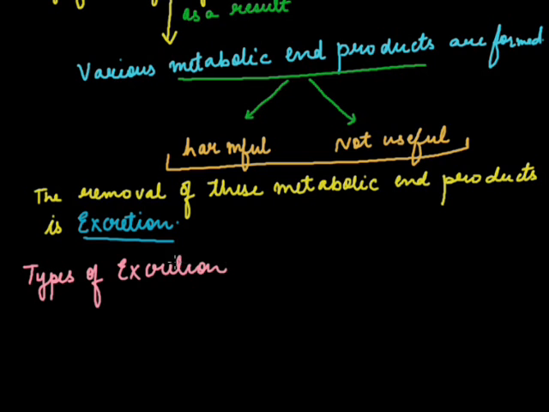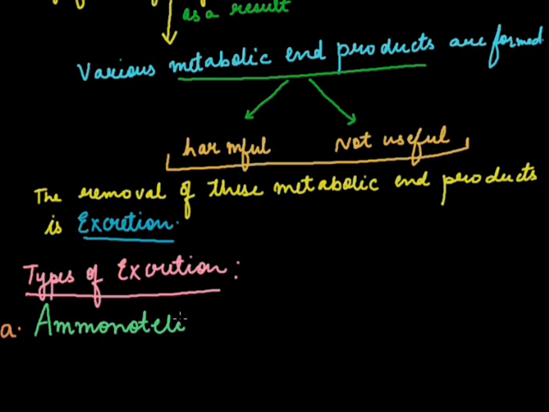The first type of excretion is ammonotelism. What is ammonotelism?